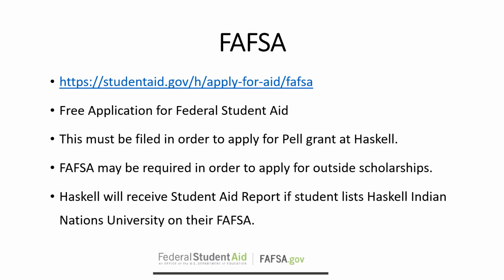And then from there, you can follow up with Haskell Financial Aid once they have all that information. It's very important to, again, check your Haskell email, because if there's anything that needs to be corrected on your FAFSA, the Financial Aid Office is going to email your Haskell email to advise you that you need to make corrections before you can receive or be deemed eligible for Pell Grant.